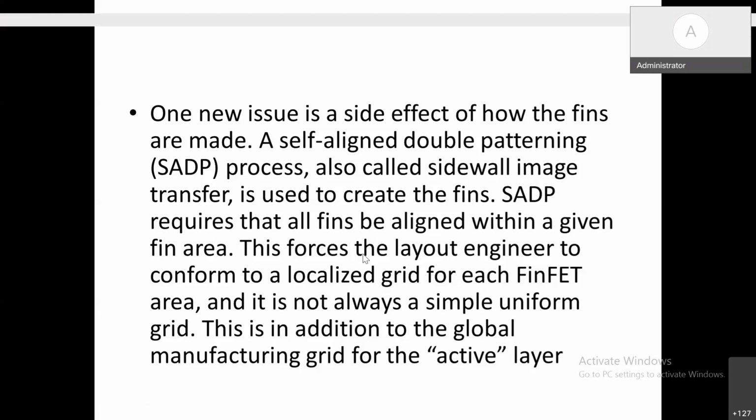So the layout engineers are forced to conform to a localized grid of each FinFET area, and it is not always a simple uniform grid. He should align all the fins. In a straight way, that is very difficult, and keeping in the very small area he is working in is also a challenge.